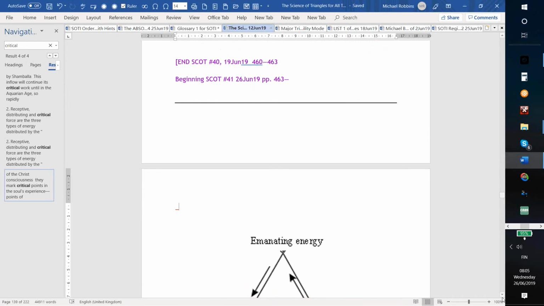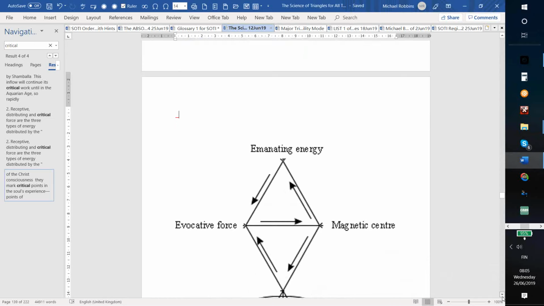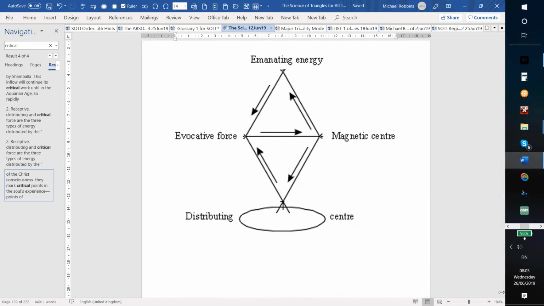So in this picture, when we think of the human being, the monad, which is that perception, ongoing perception of oneness, regardless of the variety with which we are presented. The monad is the emanating center, and the evocative, where it says evocative force, we have the soul energy, and the magnetic center is the personality.